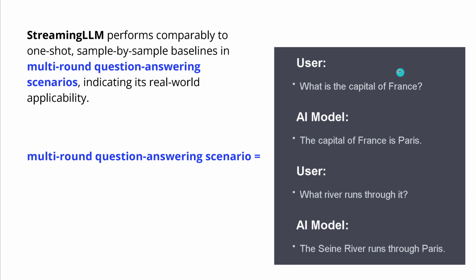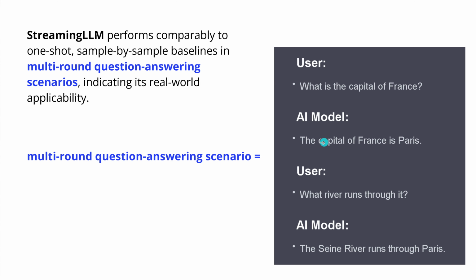So get an idea. The user says, hey, what is the capital of France? The model comes back: the capital of France is Paris. This is the first question-answer pair, and the next question-answer pair is: what river runs through it? To find out what "it" is, we look back at the older question-answer pair that's in the cache.